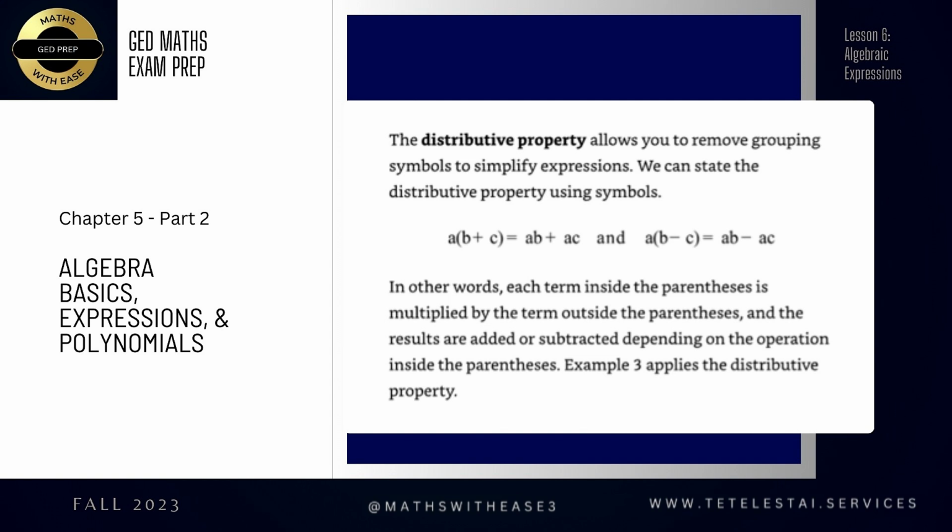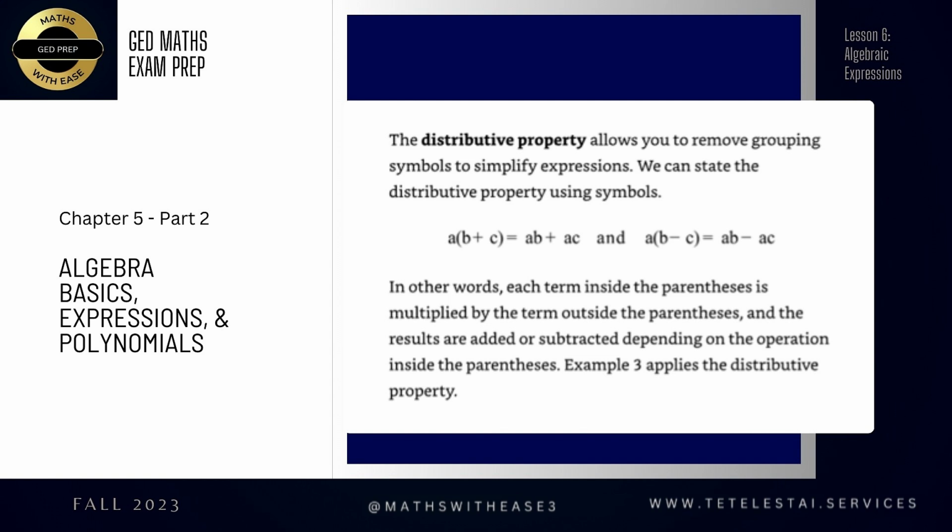So again, anytime you see a term or a variable outside of parentheses, know immediately that the distributive property applies, and you would just multiply everything inside the parentheses by whatever is outside of it.